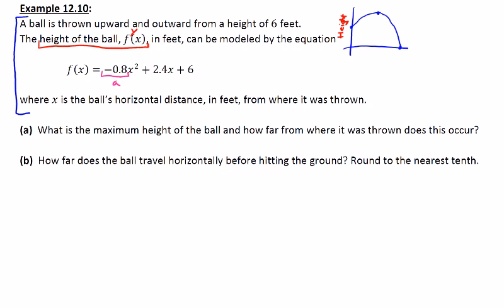Now with the rest of the narrative, it says where x is the ball's horizontal distance in feet. And I guess I may have stopped a little short up here. After f of x, it also says in feet. So we get the units as well for what we're dealing with. So that means along the horizontal axis, we have horizontal distance.